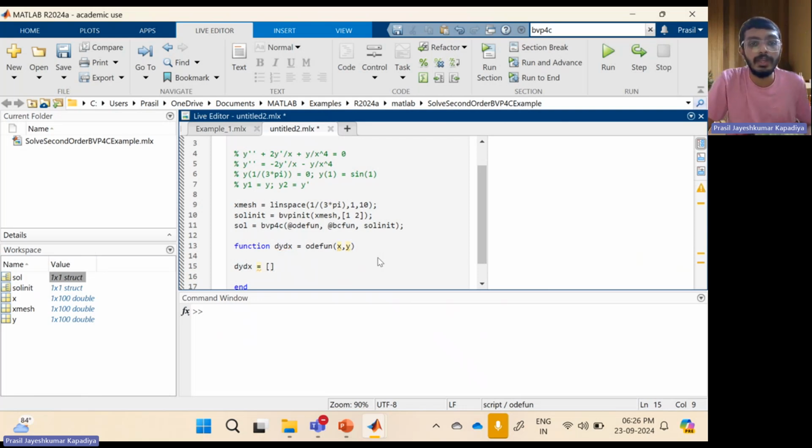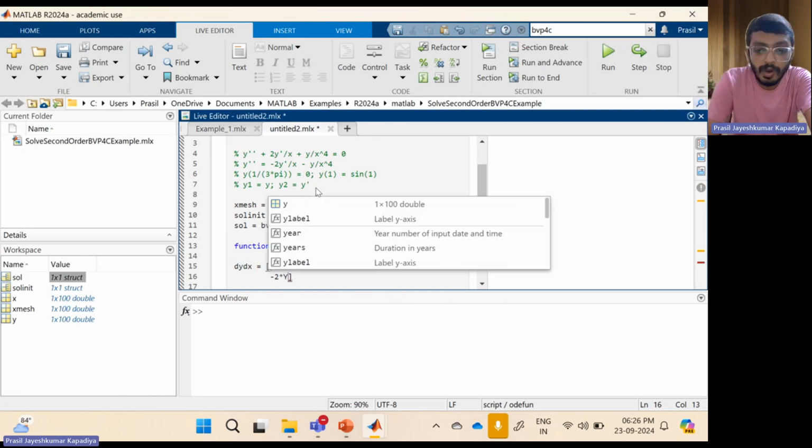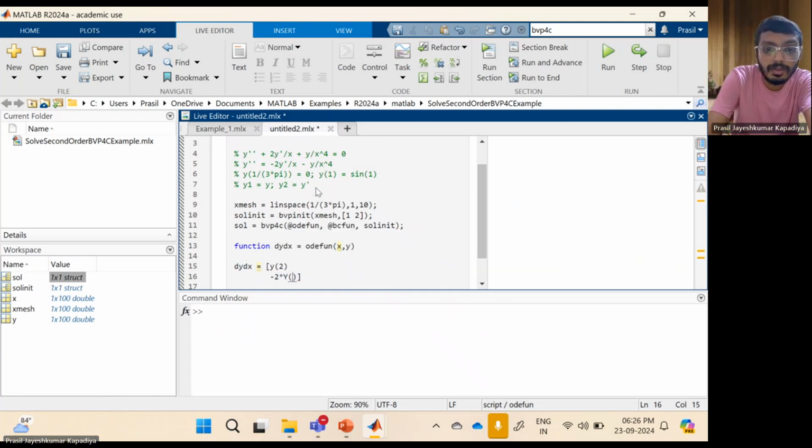First term is y double prime, so that is represented by y of 2, and my second term is minus 2 into y of 1 divided by x. Okay, this is our first term.